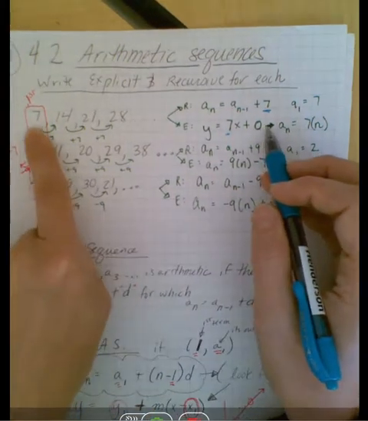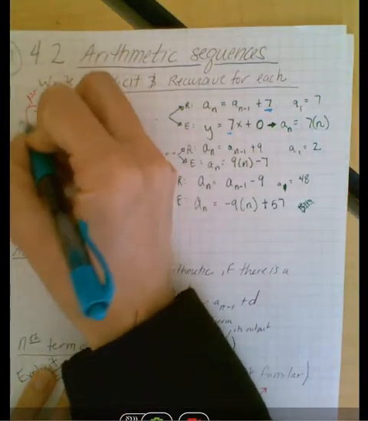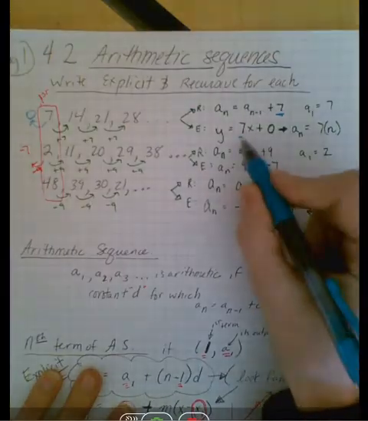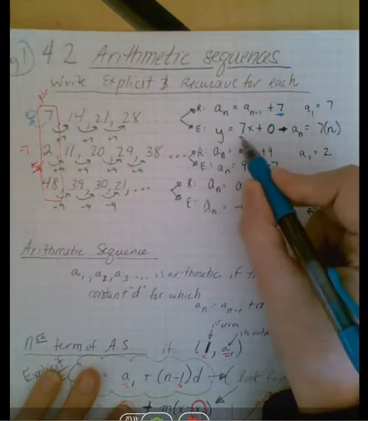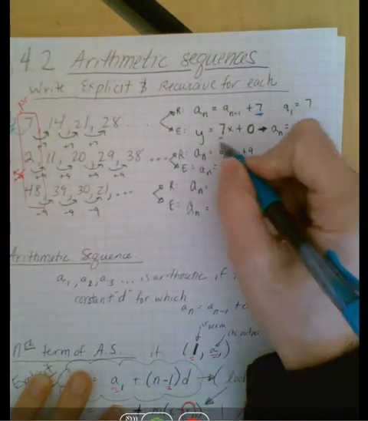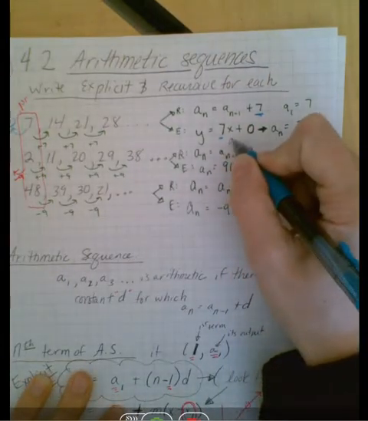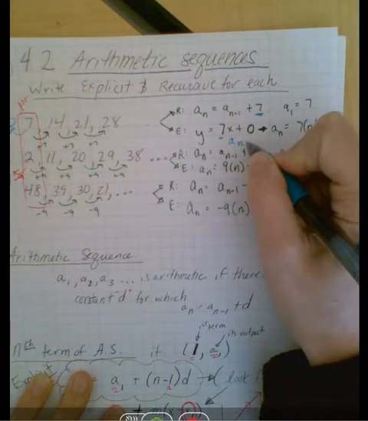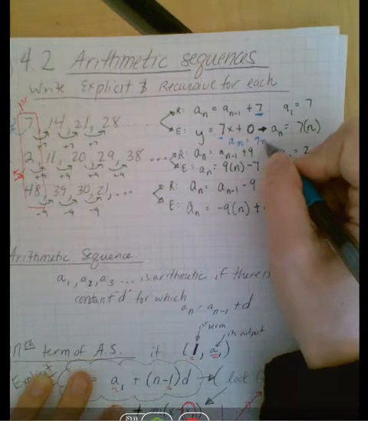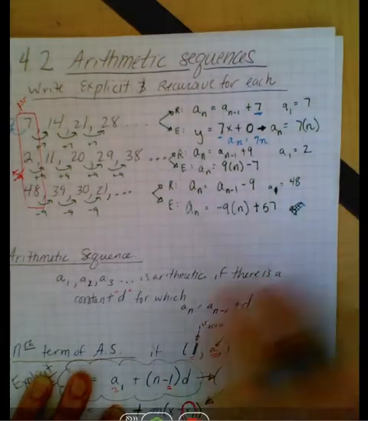So if this is my first term, then my 0 term would be 7 previous to that, which would be 0. So 7 is my common difference, slope, x plus 0. You may also see this written as a sub n equals 7n. That's what this is right here. Okay.